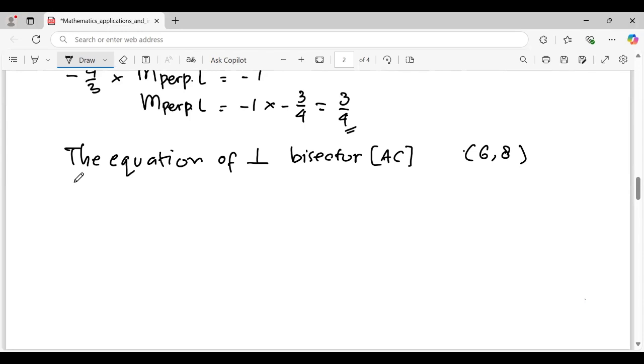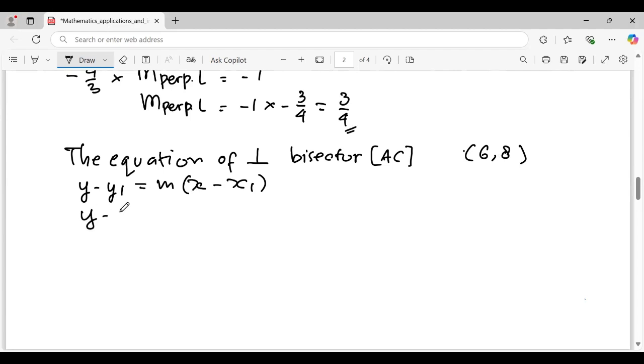According to the linear equation rule, y minus y1 equals m times x minus x1, where this is x1, y1 and the gradient m is this one.